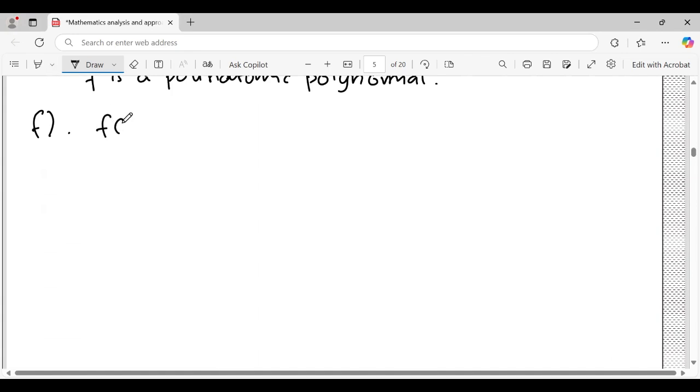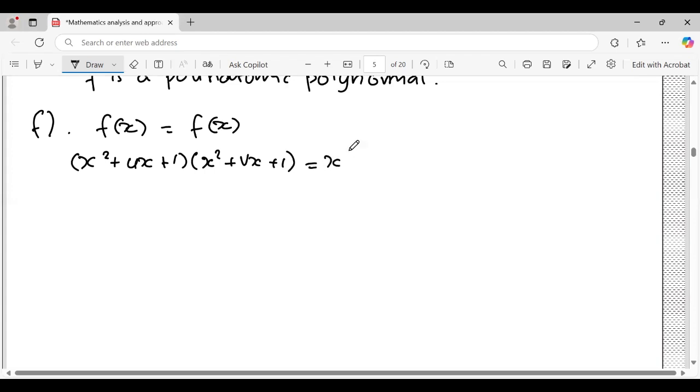If f(x) equals this, it means (x squared plus ux plus 1) times (x squared plus vx plus 1) equals x power 4 plus 2x cubed minus x squared plus 2x plus 1.